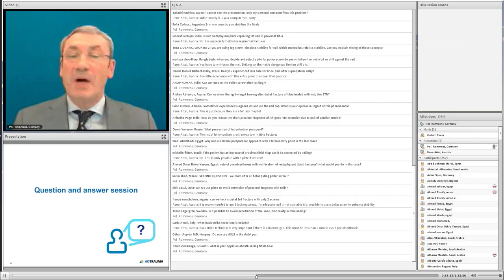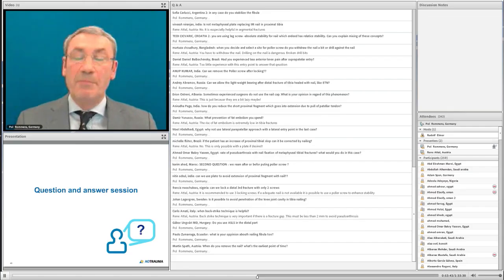I have a question from Austria. When do you remove the nail? What's the earliest point of time? Well, if the patient has no complaints that are directly related to the implant or to the screw heads, I would wait for removal at least 1 year.